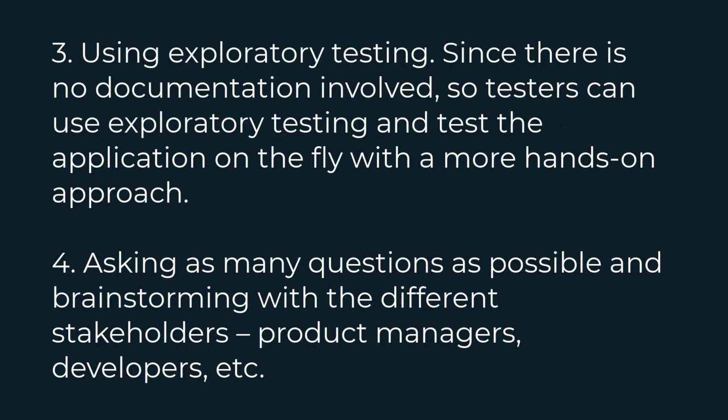Using exploratory testing, since there is no documentation involved. So testers can use exploratory testing and test the application on the fly with a more hands-on approach. Asking as many questions as possible and brainstorming with the different stakeholders, product managers, developers, etc.